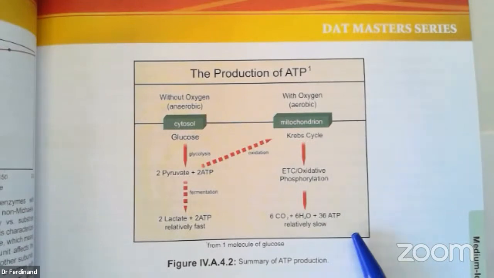But students still tend to remember that NADH through the electron transport chain can deliver 3 ATP per molecule, FADH2 can deliver 2 ATP per molecule, and GTP can deliver 1 ATP per 1.